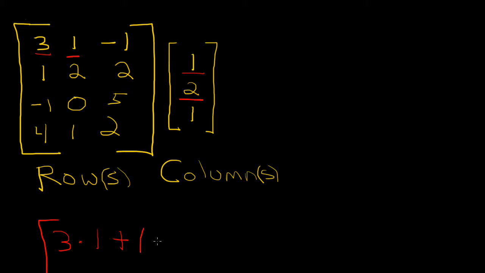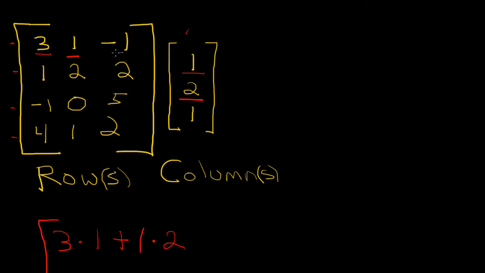So that's 1 times 2. Just note the order. We're moving from left to right across here, and we're moving top to bottom on the second one. And you'll notice that this says how many rows we have. As you can see, there's 1, 2, 3, 4 rows, and there's 1 column here. So you'll see how that pans out at the end.